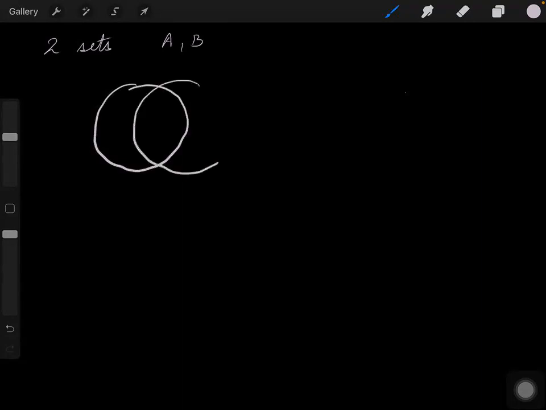these kinds of problems. So when it comes to problems with two sets, the way to solve this is using Venn diagrams. When we have two sets, let's say A and B, the associated Venn diagram is obviously two circles which intersect.